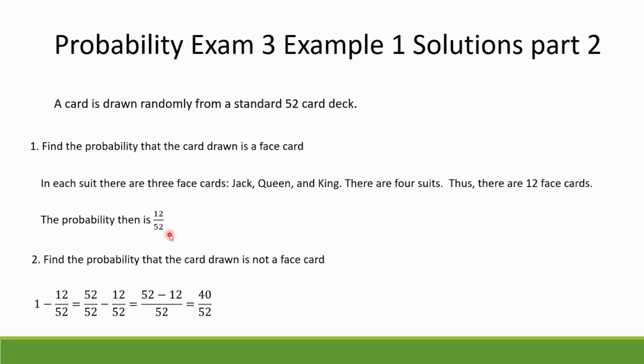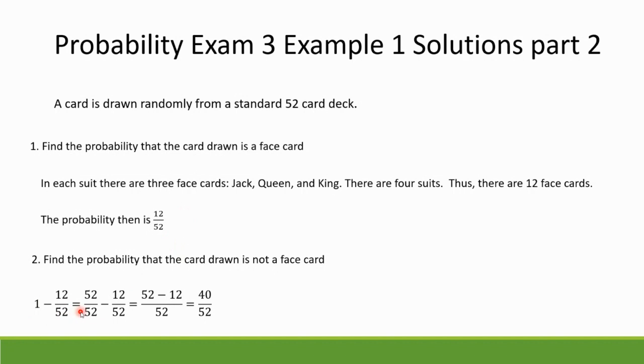Now, how would you get the probability that the card drawn is not a face card? Well, remember, if you know the probability of an event occurring, the probability that the event does not occur is 1 minus the probability the event occurs. So the probability that a card drawn is not a face card is 1 minus the probability that the card drawn is a face card.